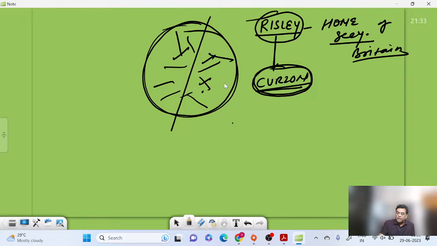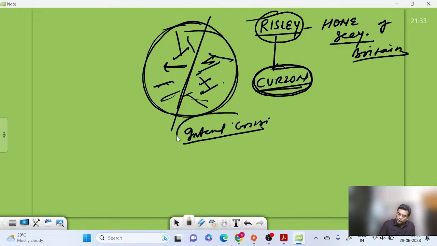And if we divide Bengal, it will pull in several different ways. So the planning was, after division of Bengal, there should be internal crisis. And once the internal crisis develops in Bengal, the feeling of nationalism which is coming out of Bengal will subside forever. This is the main intent.